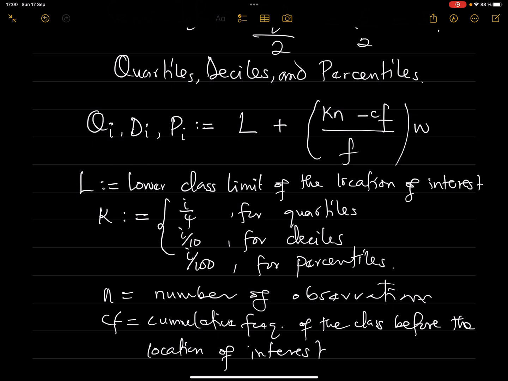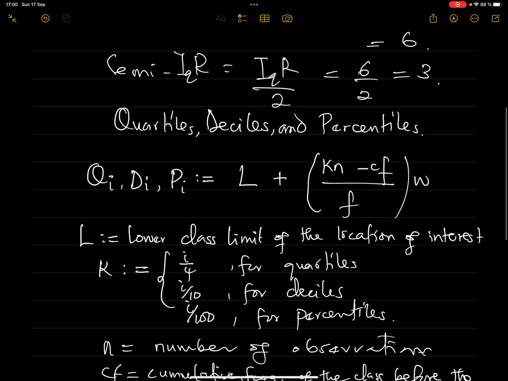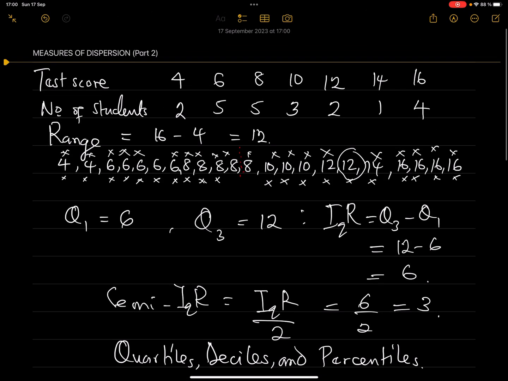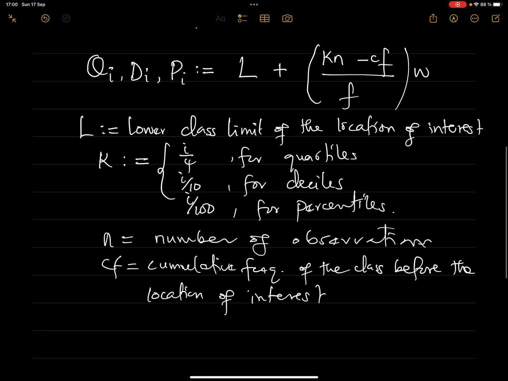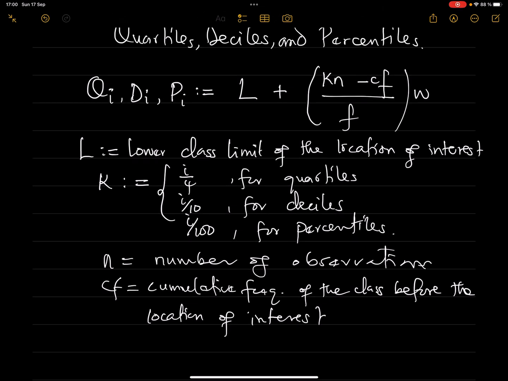Okay, so now let's see this particular formula in action. We can start with the estimation of the quartiles for this particular data set, I mean the discrete data set. Remember, this formula will only do one thing for you, and that is it is going to estimate the value of interest.